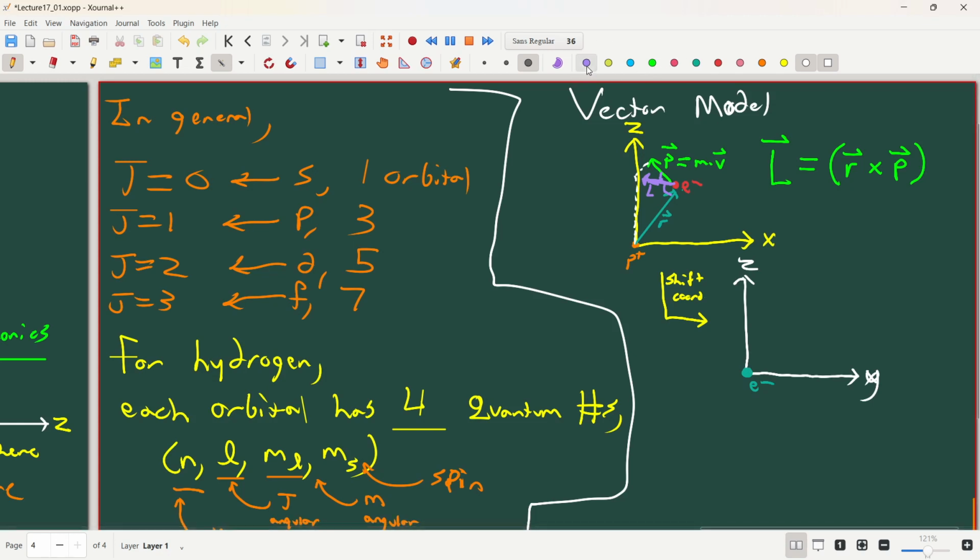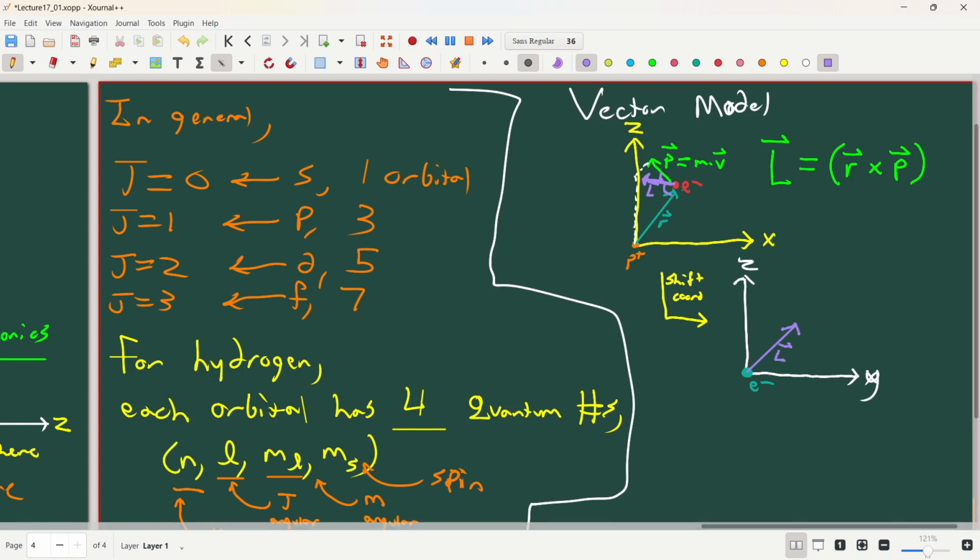And angular momentum is pointing along this direction. I'm just rescaling my vectors a little bit because it's always easier to work with vectors that originate at the origin.